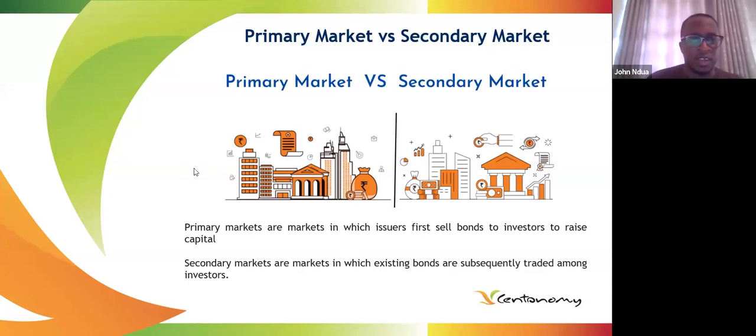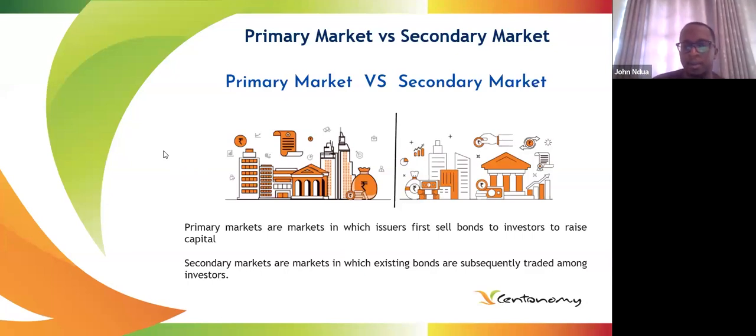Thanks. So I think now we can proceed to the difference between primary and secondary market. So in fixed income, especially for government, we have two major markets. We have primary market and we have secondary market. So what is the primary market? Primary market is basically where the government is borrowing money for the first time.